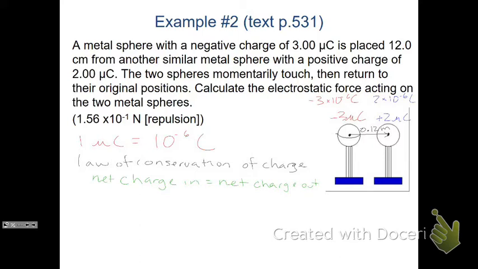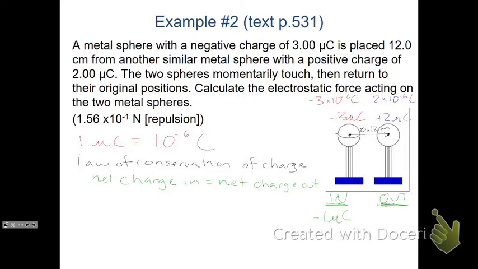Okay, so let's do our net charge in first. If we have negative 3 microcoulombs and positive 2 microcoulombs, the net charge is negative 1 microcoulombs.